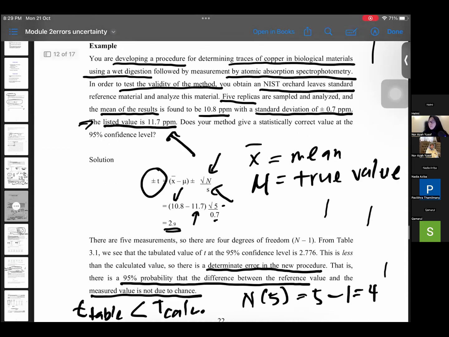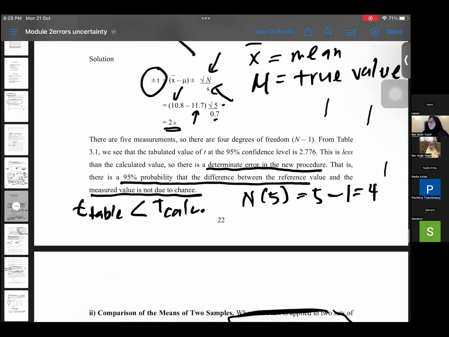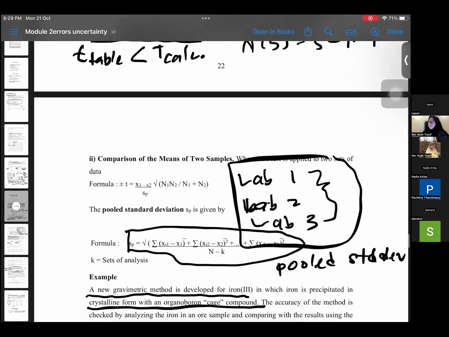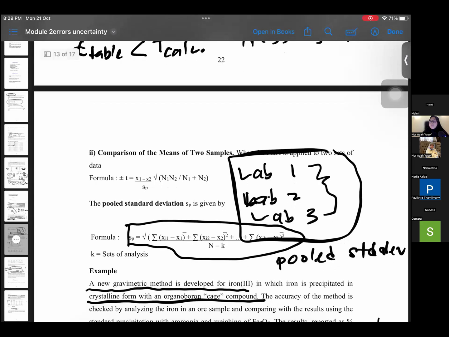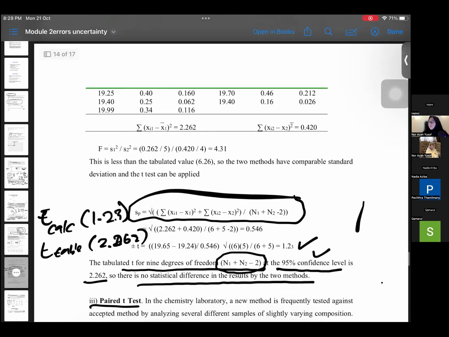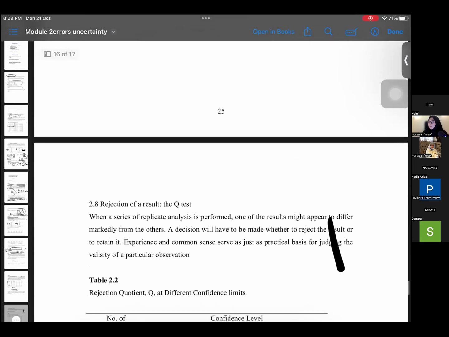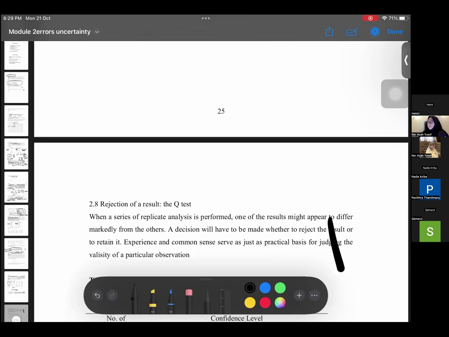It's either the t-test when the true value is known, or comparison of means of 2 sample sets when the true value is not known, and the third one is the paired t-test. This one we have discussed just now.